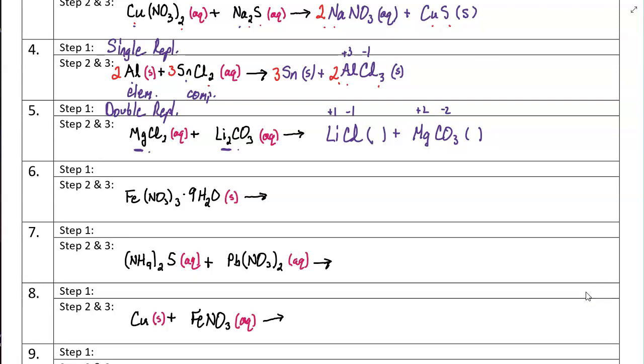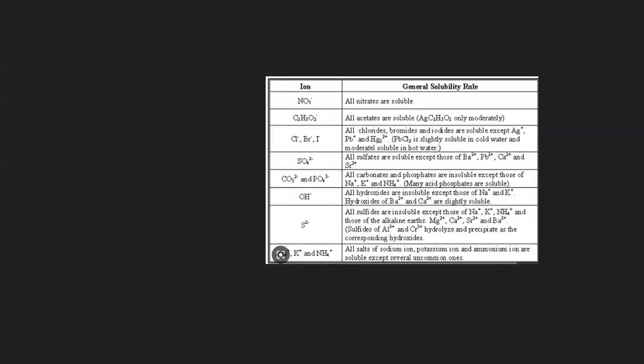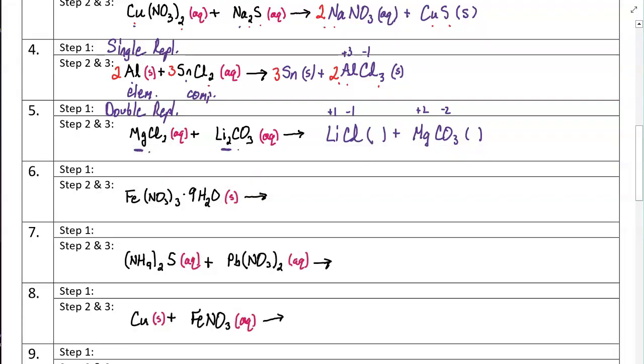First, look up lithium chloride on the solubility chart. Chlorides are the third row down. All chlorides are soluble except for, but it doesn't have lithium there, so chlorides are soluble. They're aqueous. Next, look up magnesium carbonate.